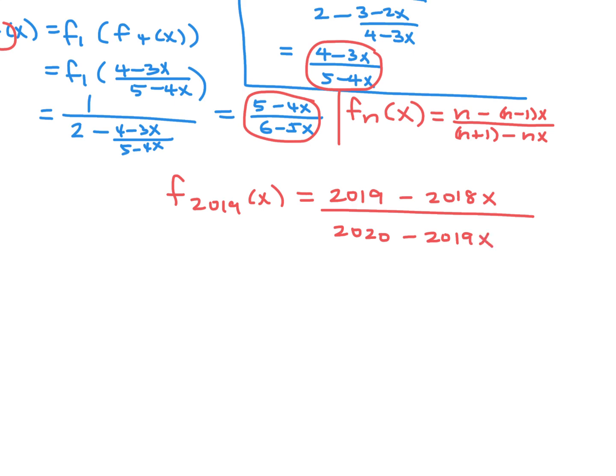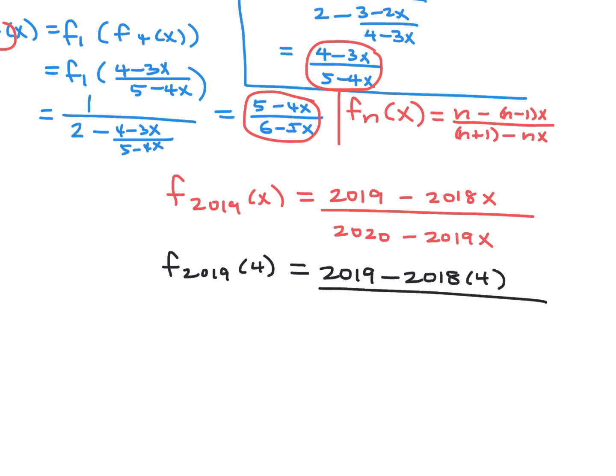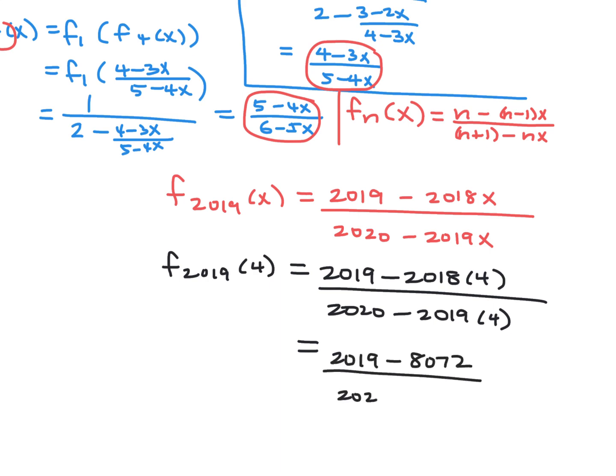And therefore, F2019 at 4 would be 2019 minus 2018 times 4, all over 2020 minus 2019 times 4. And therefore this will be 2019 minus 8072 over 2020 minus 8076.